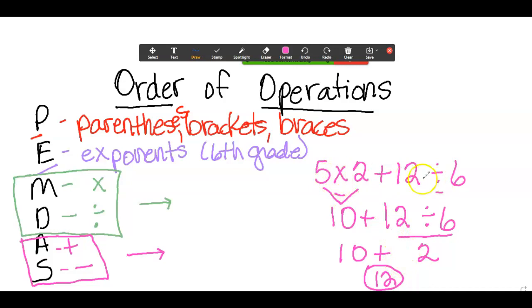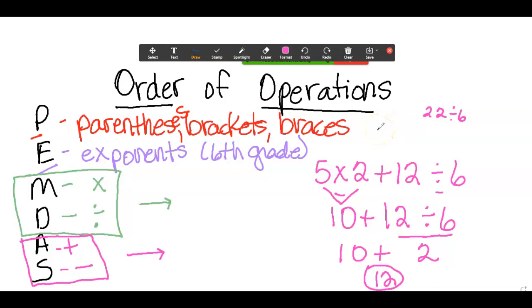Now, if I had not done order of operations and I just did from left to right, that would have given me 10 plus 12, which is 22, and then I would have to divide by 6. Well, 22 divided by 6 is going to give me a decimal. A big tip for you guys for this year when we're dealing with order of operations, if you're coming up with a decimal, it's probably wrong.